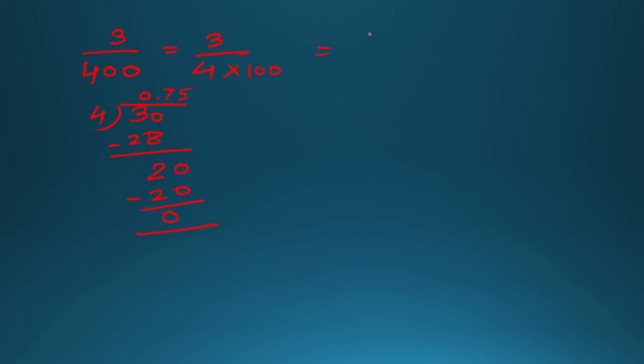So what we are getting here is 0.75 over 100. What about 100? For 100, the decimal point will shift 2 places to the left. So after 75 you will put 2 zeros and then the decimal and 0. So the answer is 0.0075. And this is the example of a terminating decimal.